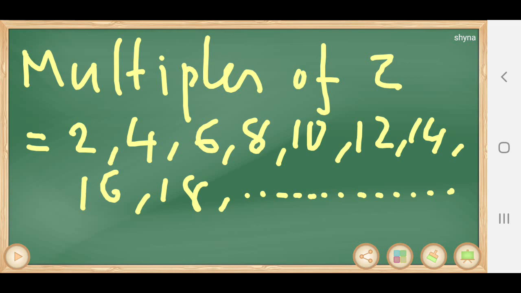Multiples of 5 equal to, what are they? 5, 10, 15, 20, 25, 30, 35, etc. Okay, good.